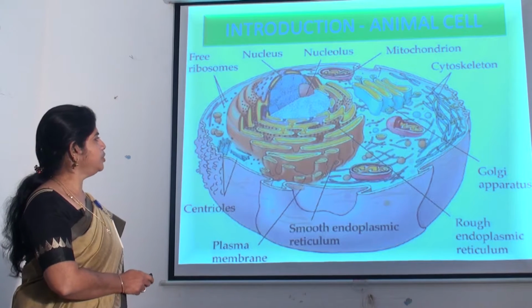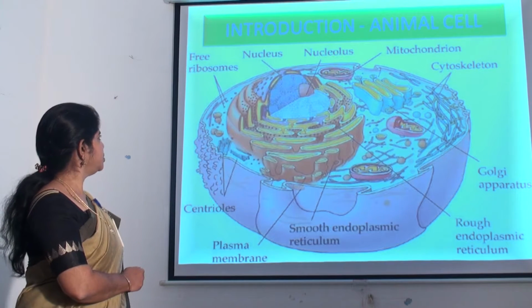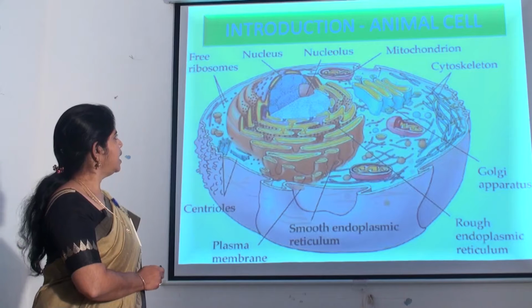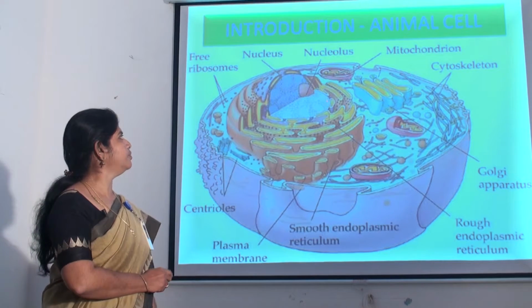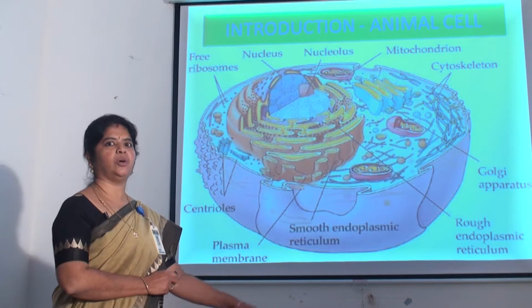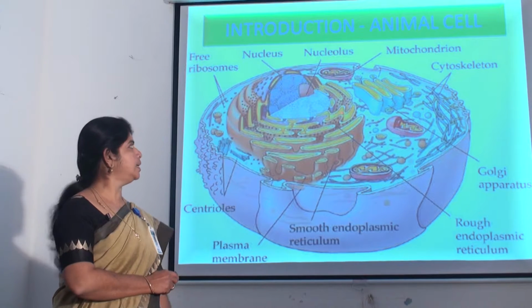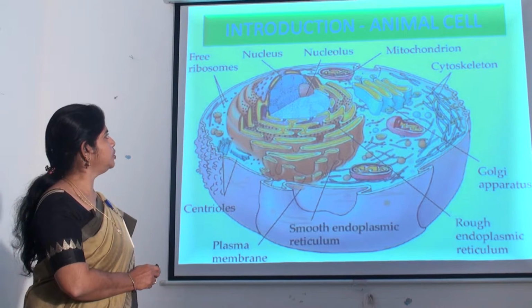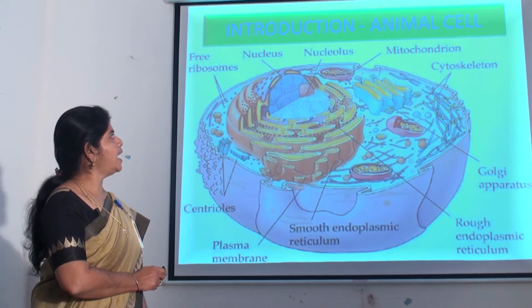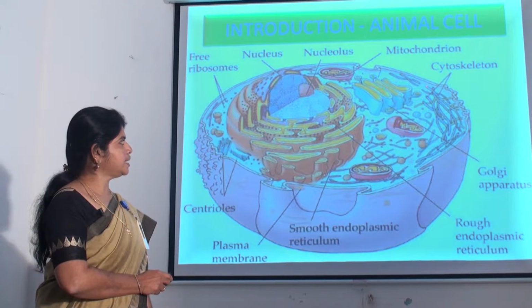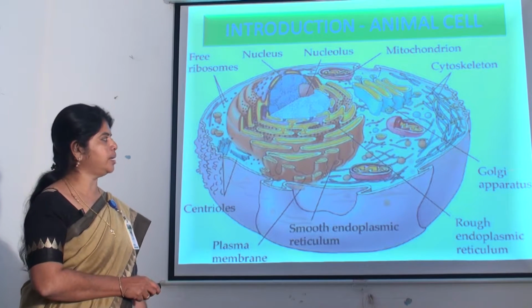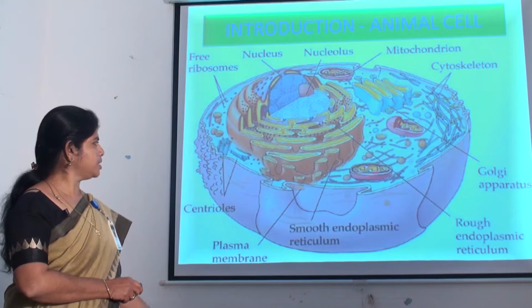You can see the centrioles and ribosomes, and the nucleus, which is like the administrative office. Inside the nucleus you can see the nucleolus. There are also the mitochondria, the cytoskeleton, the Golgi apparatus and the endoplasmic reticulum.